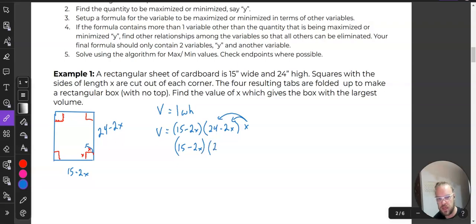And so that's going to give me 24x minus 2x squared, because it'll be a little bit easier if we don't have to do two product rules. So now I can take the derivative of this. That's where we do the derivative of the first, which is negative 2, times the second, plus the first one times the derivative of the second.